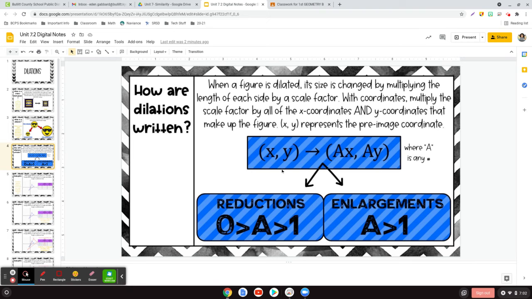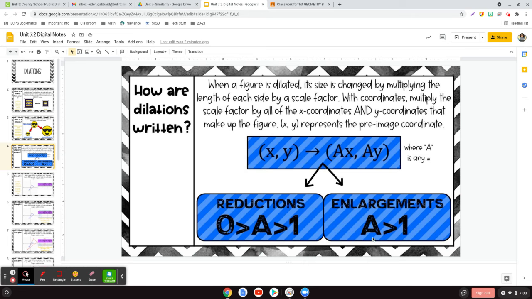So on this one, when we're looking at our reductions, our scale factor is going to be any number in between 0 and 1. So A here is representing our scale factor, and if we're making it smaller, we're going to multiply by a fraction or a decimal.